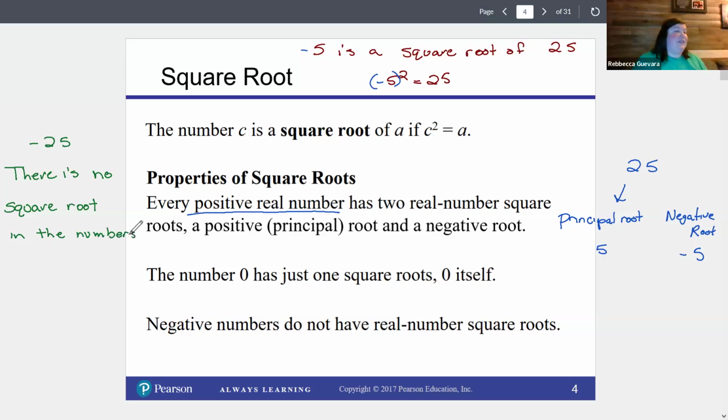It was part of the reason we have complex numbers, because we didn't have a square root for this. As a reminder, the reason this doesn't work is because I have to square a number and make it -25. Well, -5 squared is +25, and 5 squared is +25. So there's nothing I can square that's going to give me -25 in the real numbers.